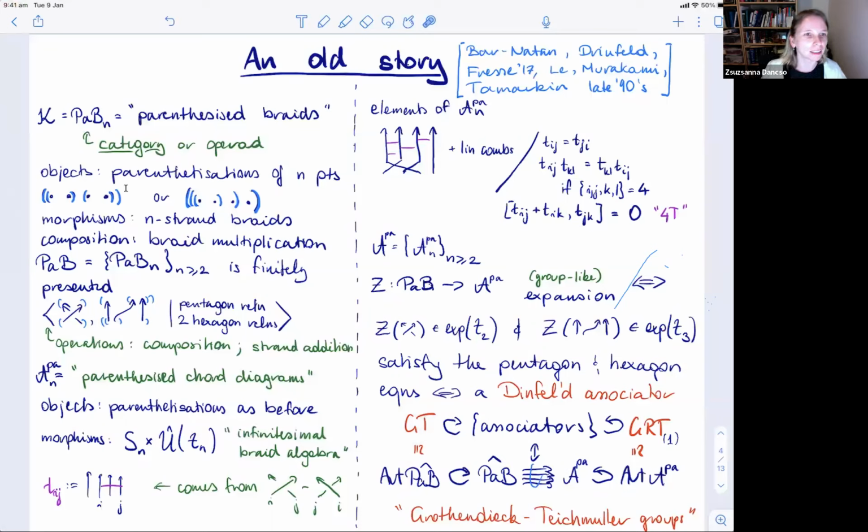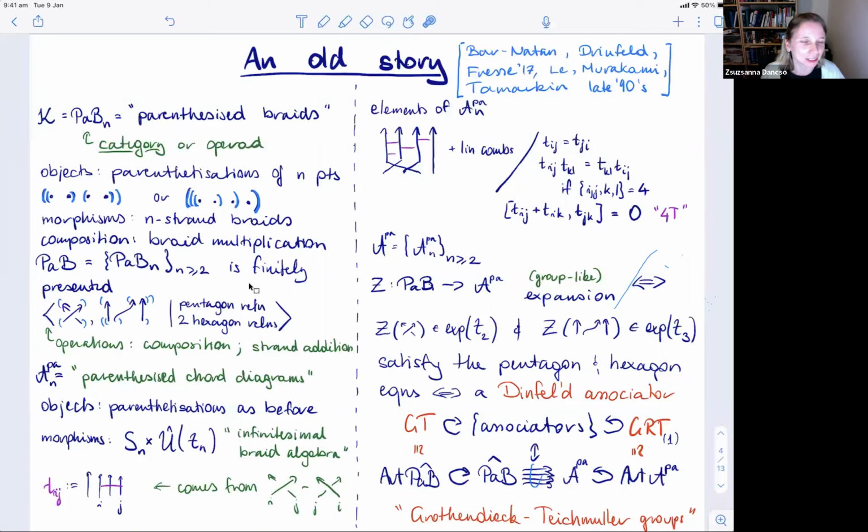And GRT1 is also a subset or subgroup of X of T3, and it is given by also pentagon and hexagon equations with some permutations in the hexagon.